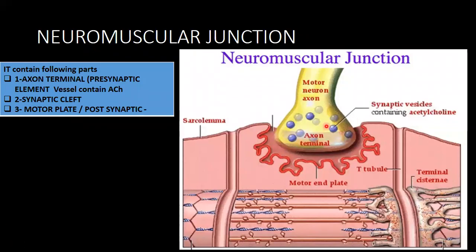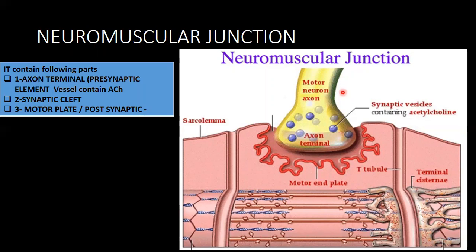Now, since we are done with the chemical synapses part, we'll see what the neuromuscular junction is. The neuromuscular junction is a specialized area where motor neurons get terminated, and they are devoid of myelin sheath.